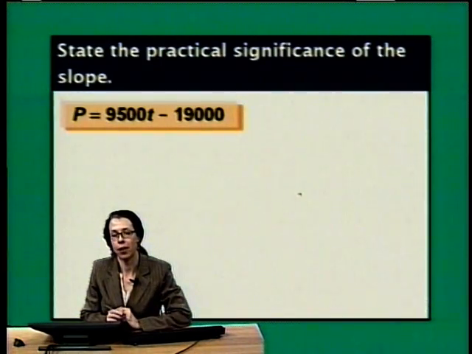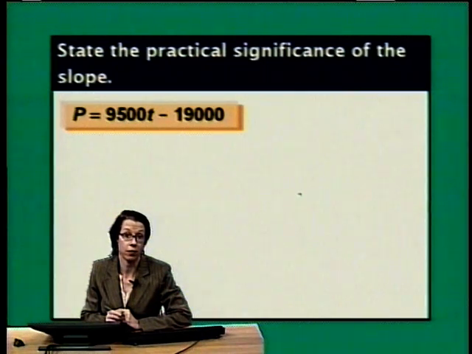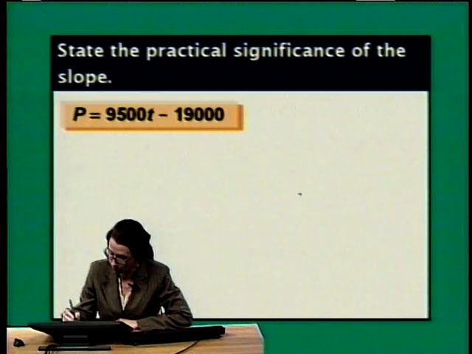So the first thing I'm asked is, what's the practical significance of the slope? Well, the slope is positive, and we already said the units were dollars per year. So what's increasing? The profit is increasing.